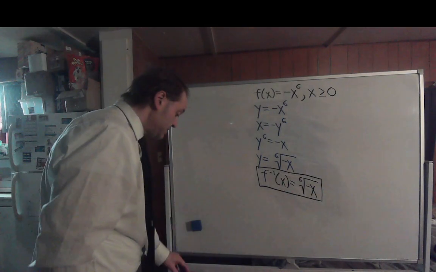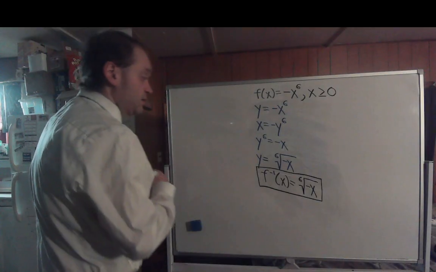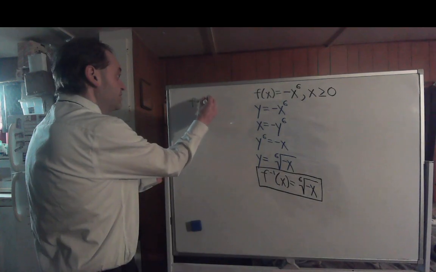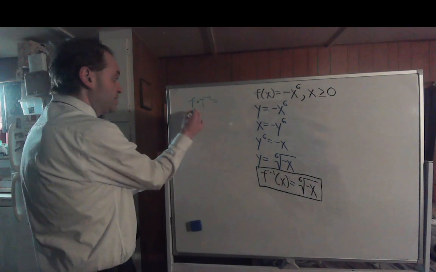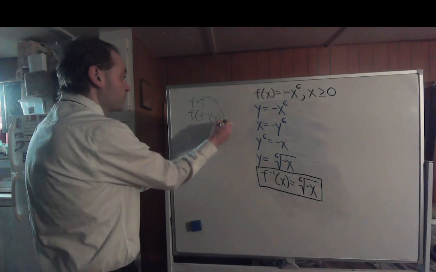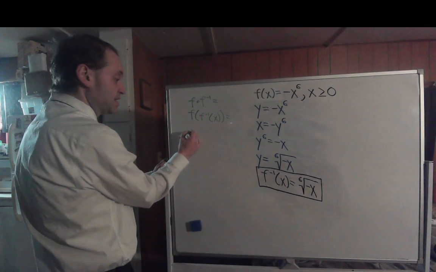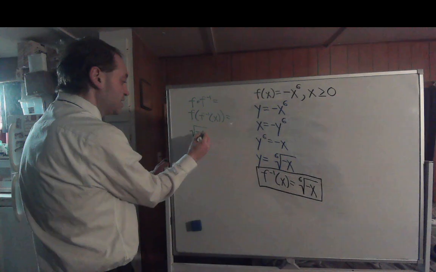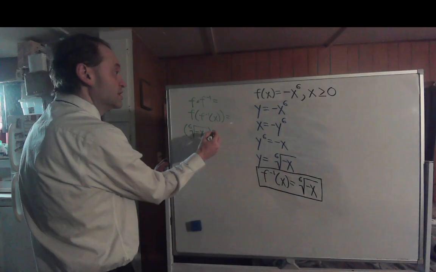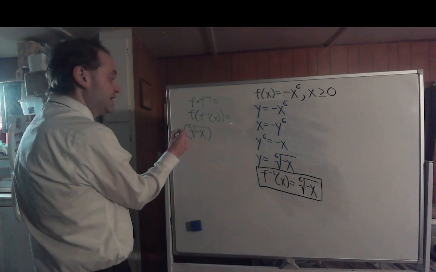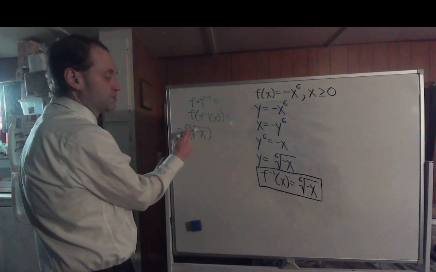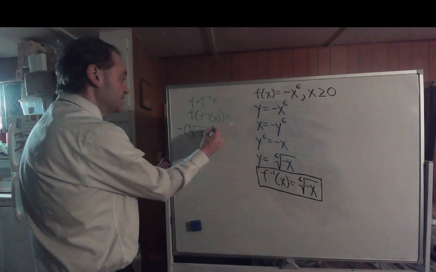All right, now let's do the test here. Let's take f composition of f inverse. So that's going to be f of f inverse of x. So we'll put in that 6th root of negative x, raised to the 6th power.